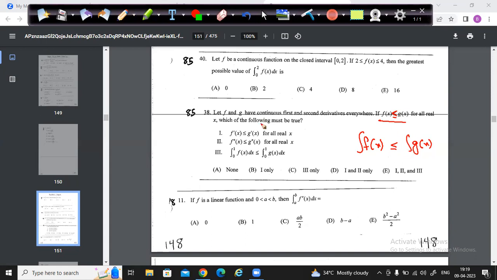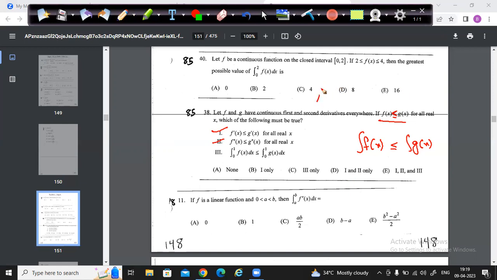Okay. How can you say 1 and 2 are wrong? Sir, since f dash of x and g dash of x are slopes, f dash of x might have a greater slope than g dash of x, sir. Okay, so simple example.